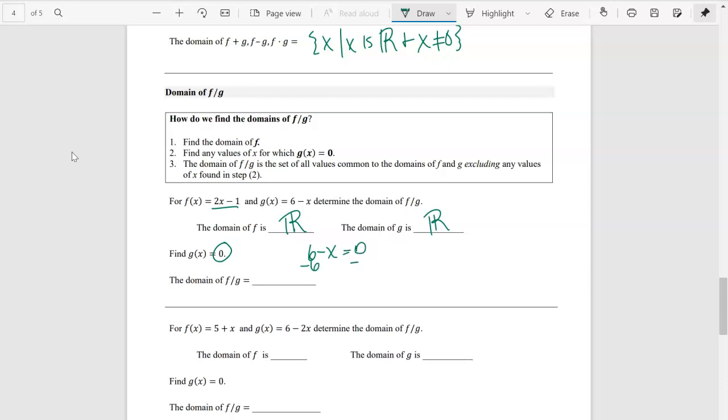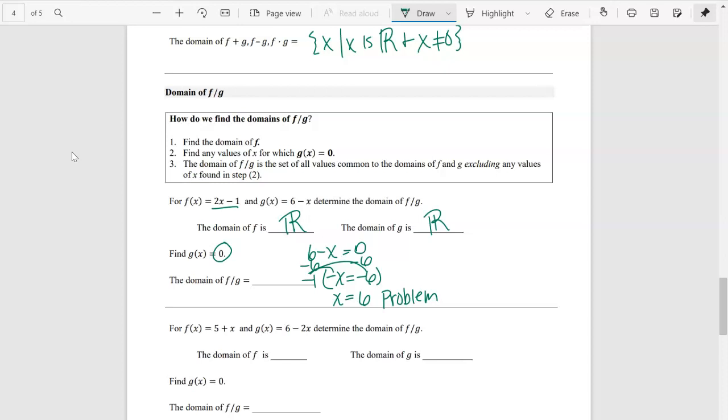We would subtract 6 from both sides, and we would get negative x is equal to negative 6. Then to get rid of this negative, we're going to need to multiply everything by negative 1. So that's going to be x is equal to 6. So this is our problem. Okay, so find any values of x for which g of x is equal to 0.